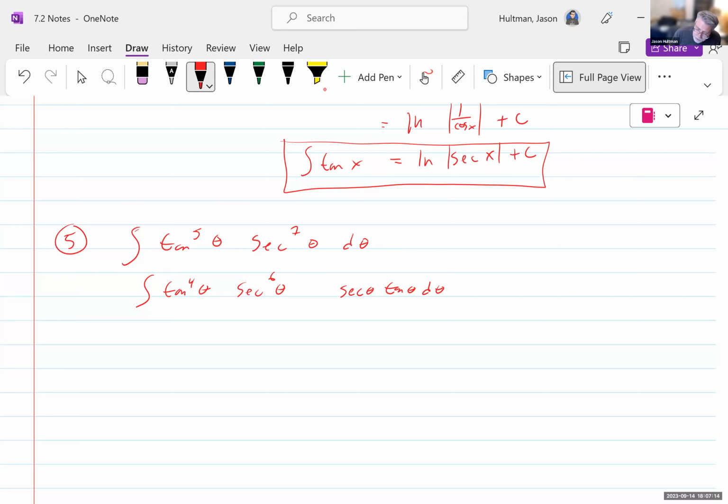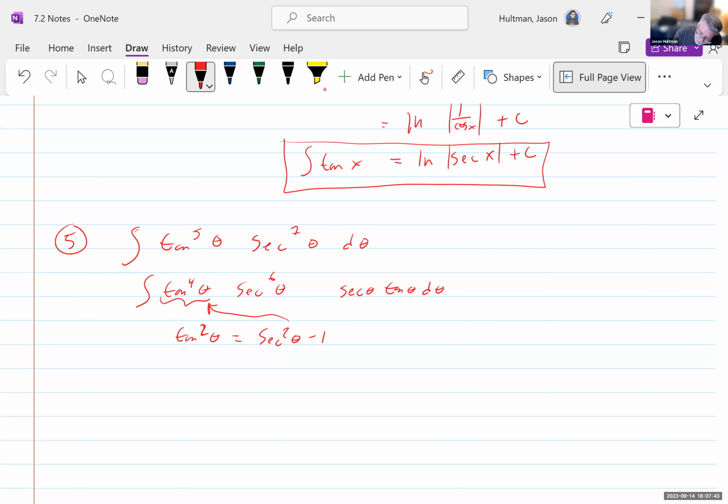Okay, does that make sense? Yes. So now what do I want to do? I want to change all of the tangents to secants. So what do I know? I know that tangent squared theta is equal to secant squared theta minus 1, right? So I'm going to plug that in for tangent squared, but this is tangent to the 4th.